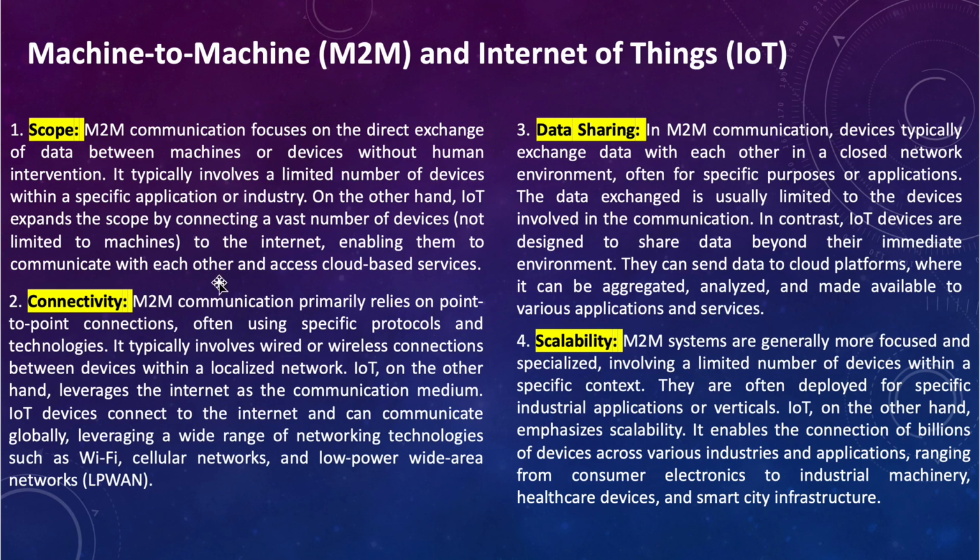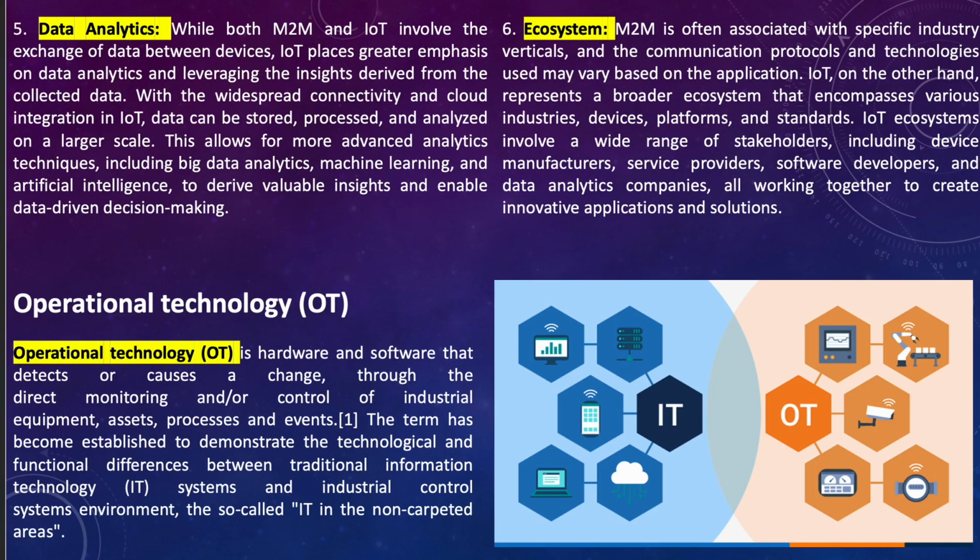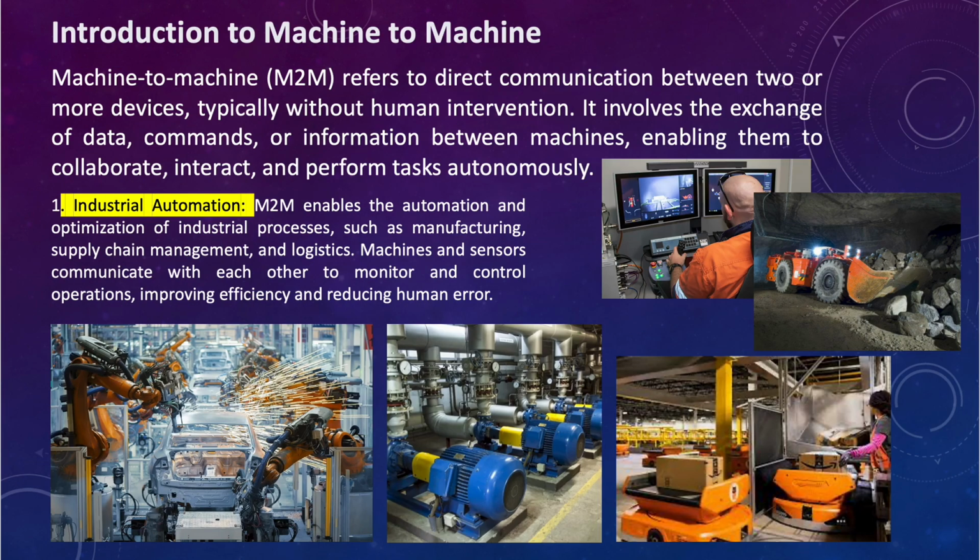We will see the differences between each other and try to understand what the requirements are to have a machine to machine or IoT system. But basically, generally, with the technology today, the lines are blurred, right? But again, I told you that M2M is a concept that comes before IoT, right?